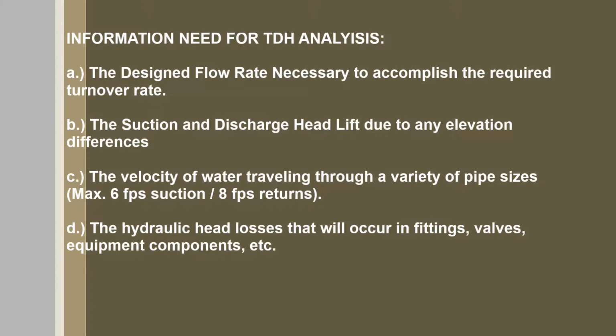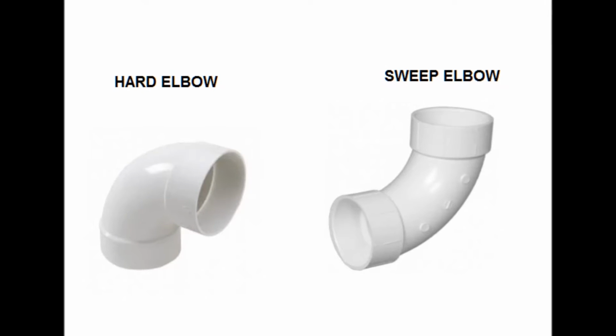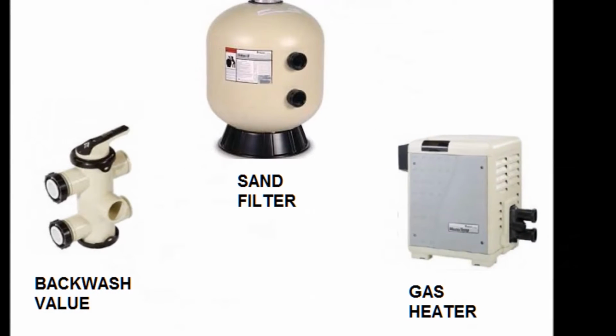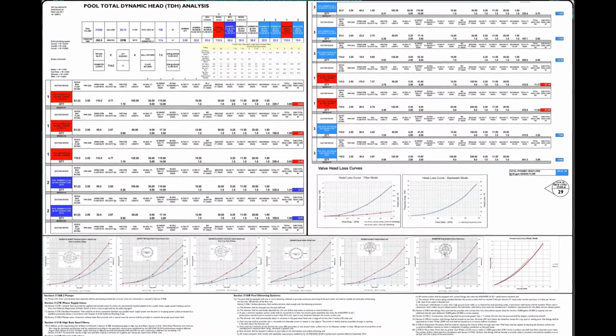C. The velocity of water traveling through a variety of pipe sizes, maximum flow 6 feet per second for suction, 8 feet per second for the returns. And D. The hydraulic head losses that will occur in fittings, valves, equipment, components, etc. In tallying all these contributions, you will arrive at the total value for the TDH analysis.